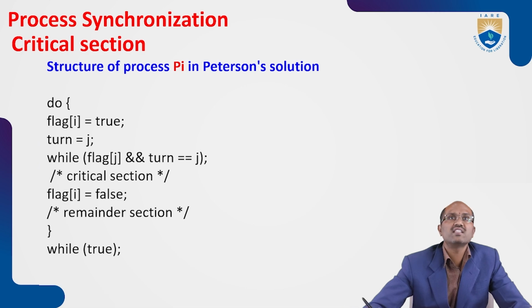While flag j is true and turn is j, process i waits; otherwise it is in the critical section. Then you make flag i false, and the process moves to the remainder section. It is a do-while loop. The process can execute without depending on the other process. The two processes may be independent, so we do not want cooperating processes; we make the two processes independent.